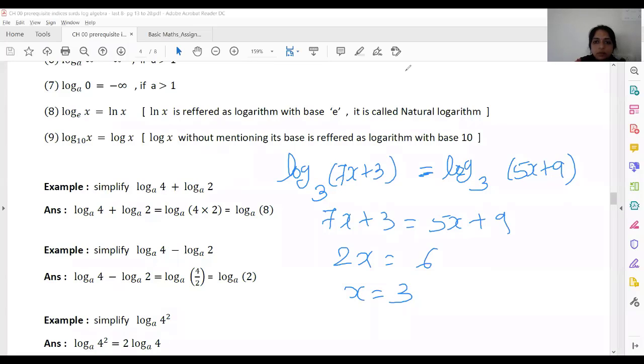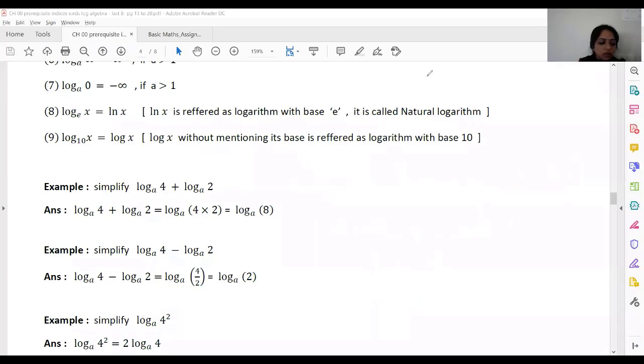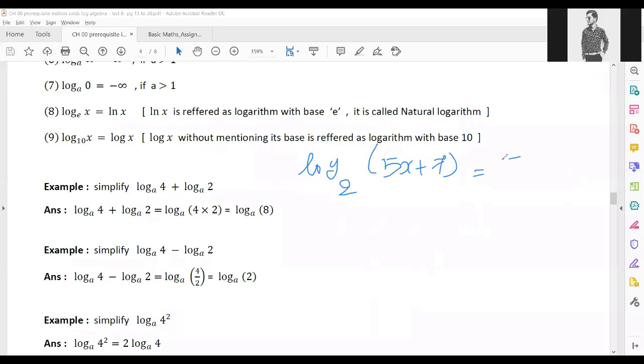Right. Now, log base 2 of 5x plus 7 is equal to 5. Now, what is x?